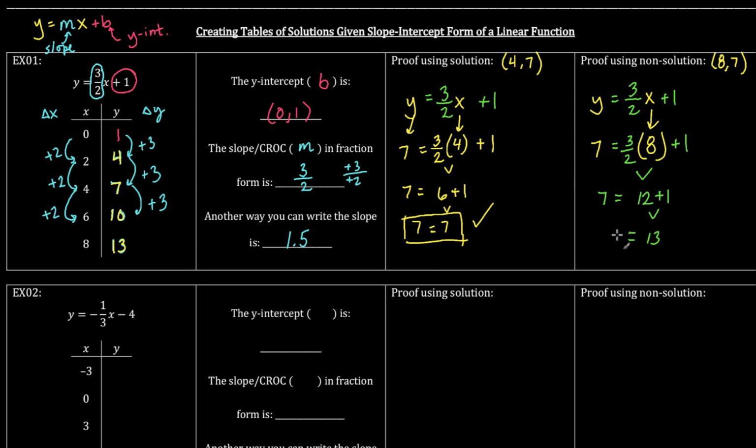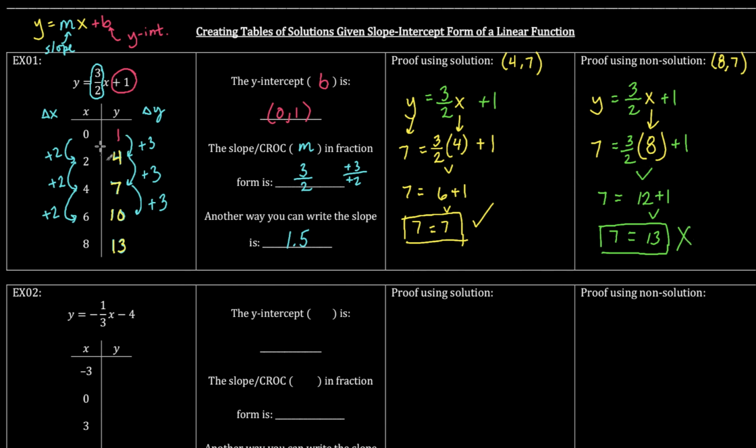So 7 does not actually equal 13. So 4, 7 was a solution, so it should make it true. 8, 7 was not. It should have been 8, 13. So when I plugged 8, 7 into our equation, it came out false.